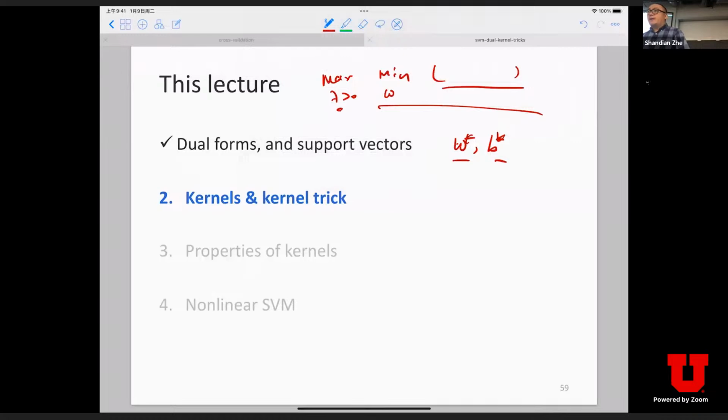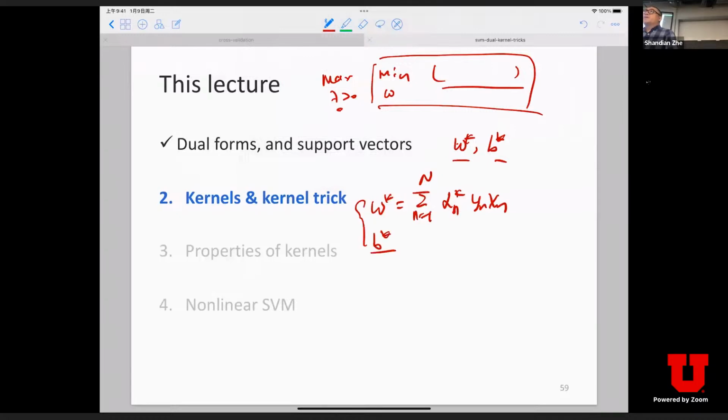From the intermediate steps we have derived by solving the inner minimization, we know that optimal W must be a weighted summation of each training example, weighted by the Lagrange multiplier: alpha_n times y_n times x_n, right? But recovering b is not that easy.